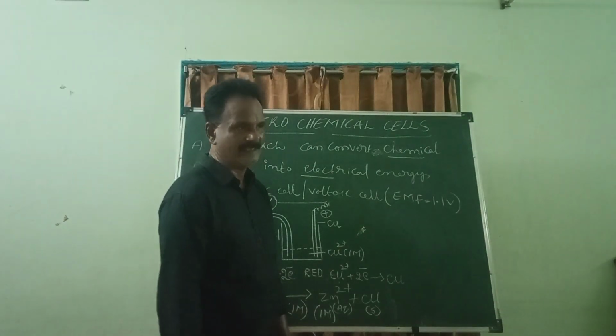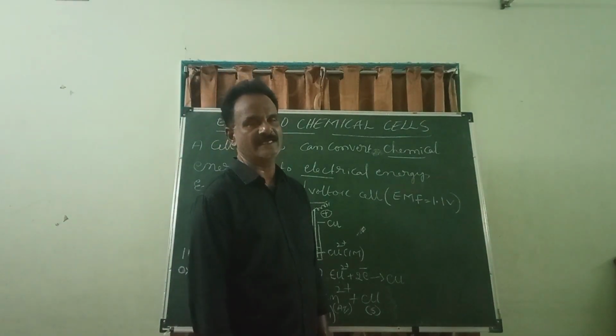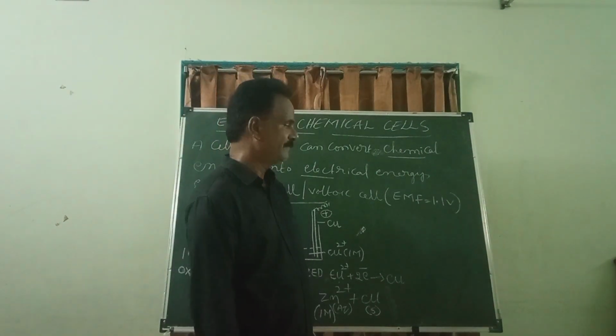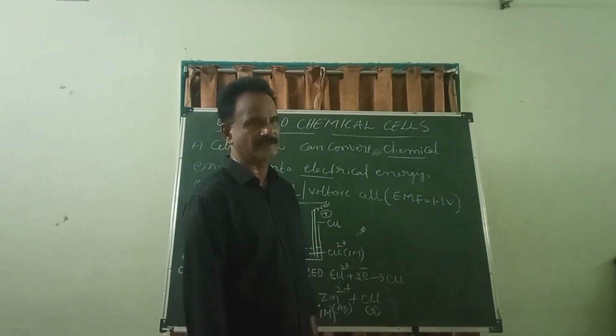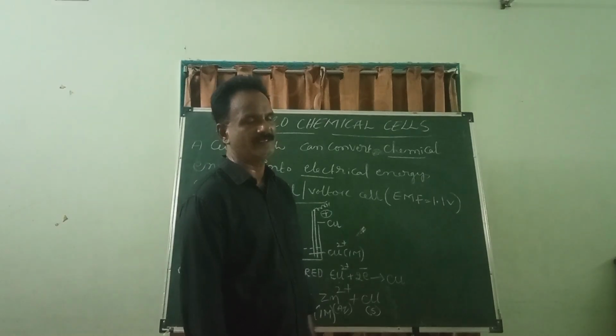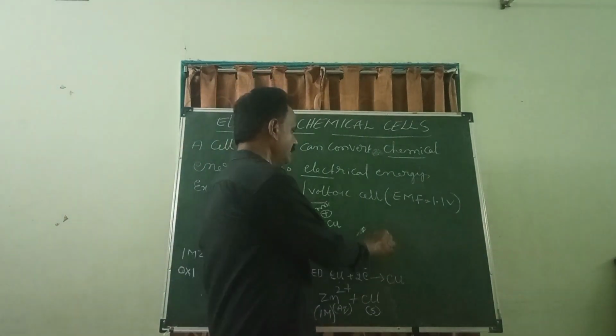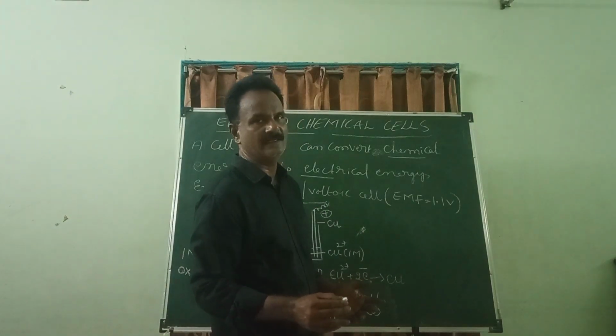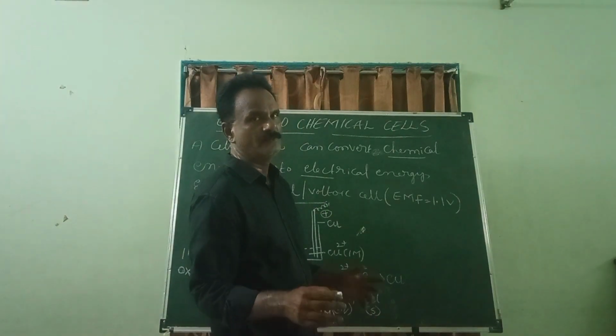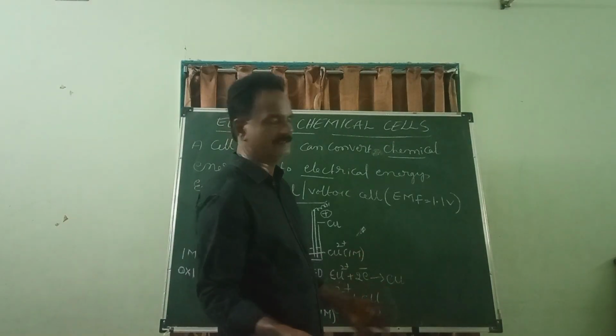So now let us see another important aspect, that is notation of galvanic cell. Based on IUPAC rules, the notation of galvanic cell would be like this. Okay. If one wants to indicate the galvanic cell in simplest form, we can represent it like this.